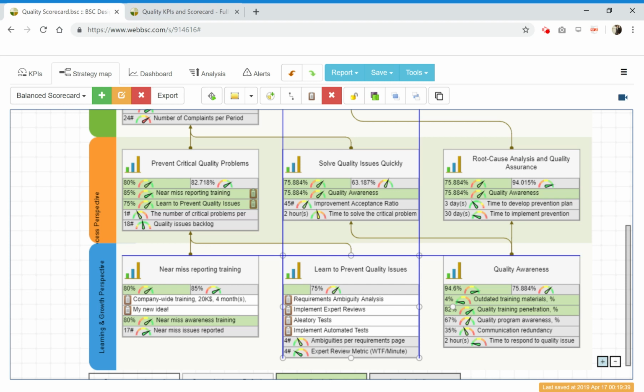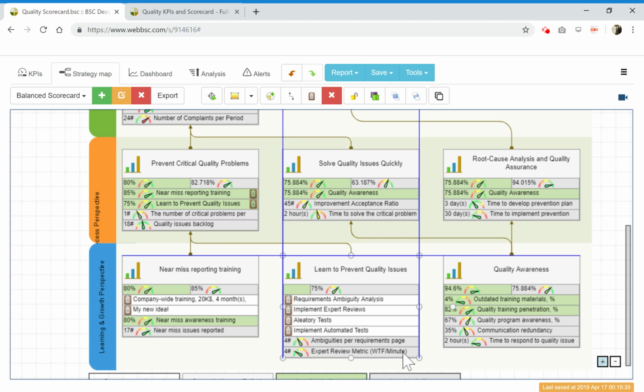So if there are 4 ambiguities per page of the requirements, then there is a problem, obviously. Implement expert reviews. Again, in the article, I have explained some detail.